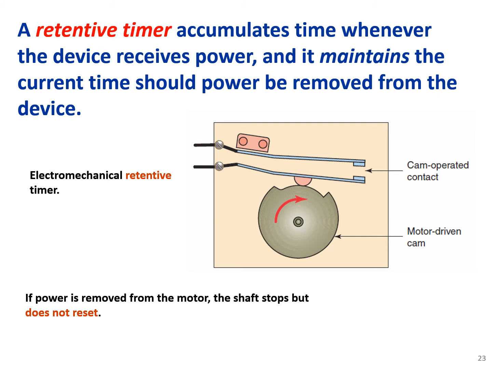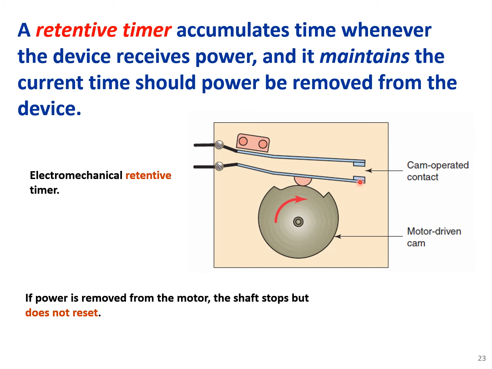But a retentive timer doesn't care about the signal or that enable bit. Once it's enabled it will keep going. However, it will stop the time, but it will keep the down bit or the Q bit true.